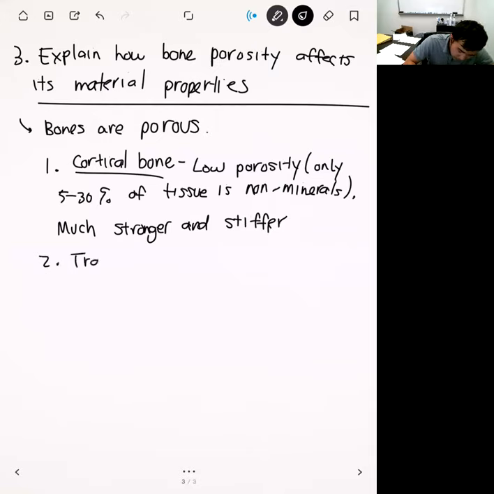And the other type of bone that we have is trabecular bone. Okay. And so trabecular bones, you can kind of think of it as the opposite of cortical bones, right? So these have a very high porosity.